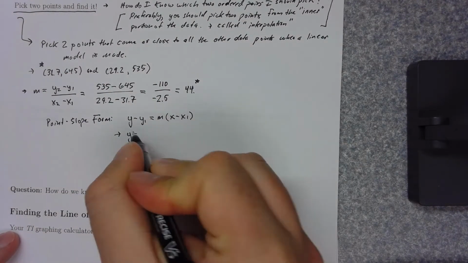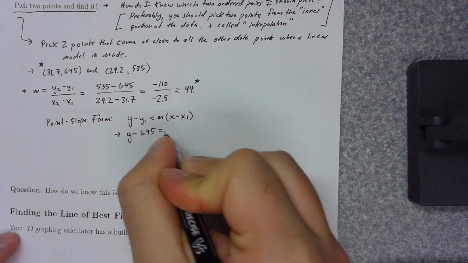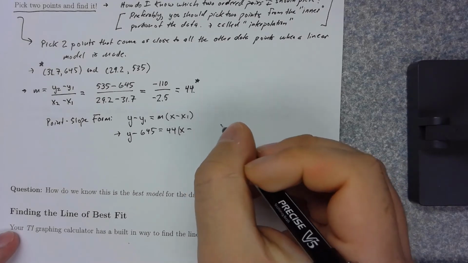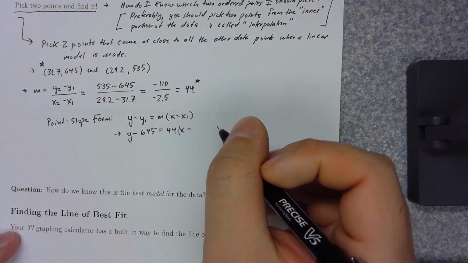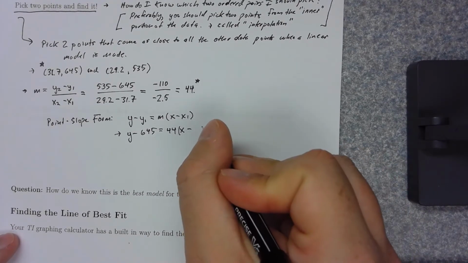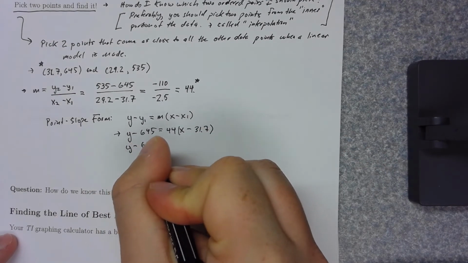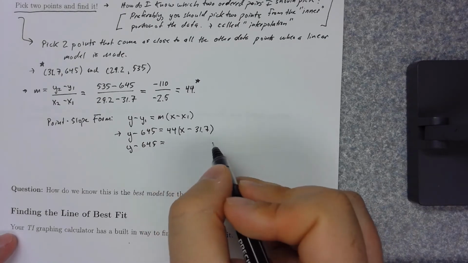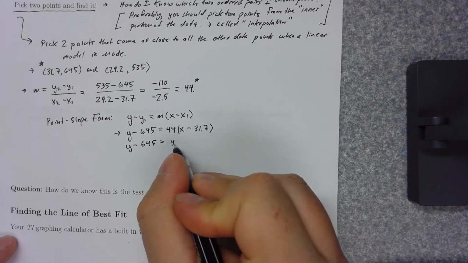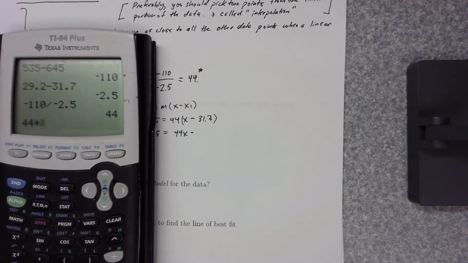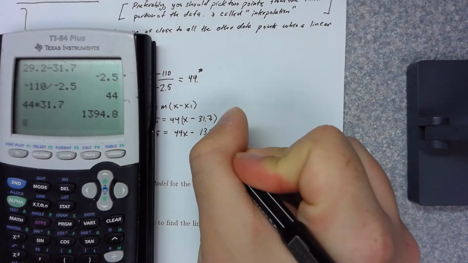So y minus 645 equals 44 times the quantity x minus 31.7. Distribute the 44: 44x minus, and 44 times 31.7 gives me 1,394.8.